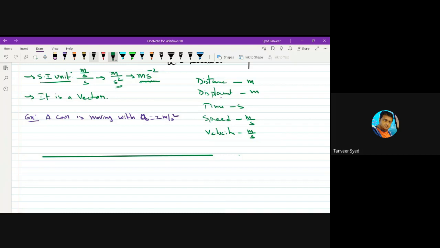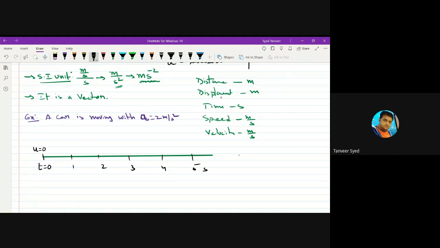See, at time t equal to 0, let us say the car starts from rest. Rest means initial velocity is 0. The car starts from rest. Initial velocity 0. Let us say it travels for 1 second, 2 second, 3 second, 4 second, 5 second.